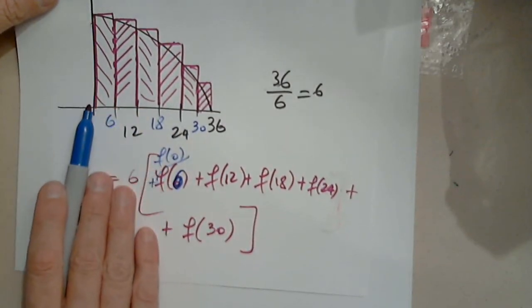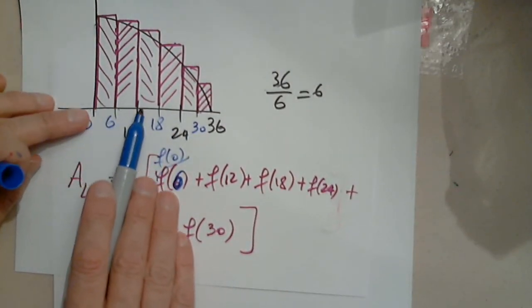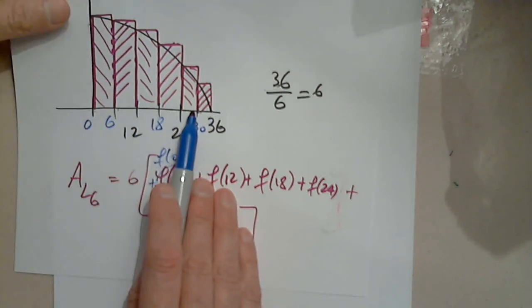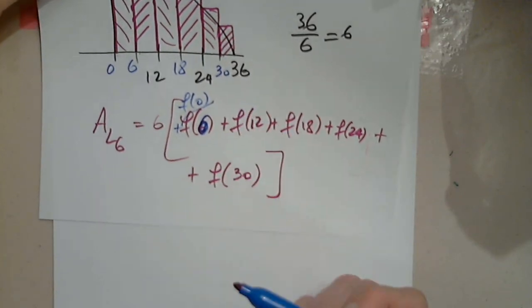I forgot to write f of 0. So 0, 6, 12, 18, 24, and 30. Not this one, because we are using the leftmost point. It will be an overestimate, obviously.